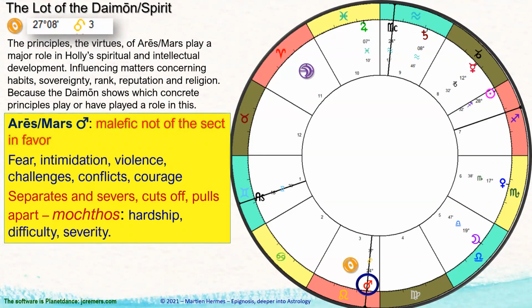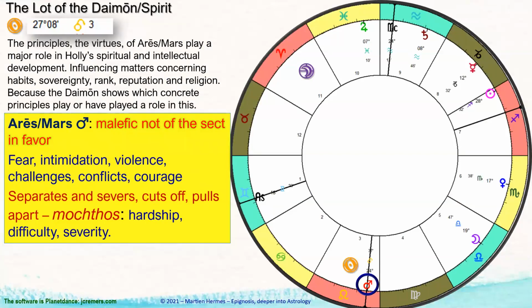So Holly was born during the day, even though it was in the evening, because the Sun is almost setting under the descendant, but it's still daytime. So this is a day chart, and the planets belonging to the favorite sect are the day planets, which are Jupiter and Saturn, but not Mars. So Mars is the malefic, not of the sect in favor.